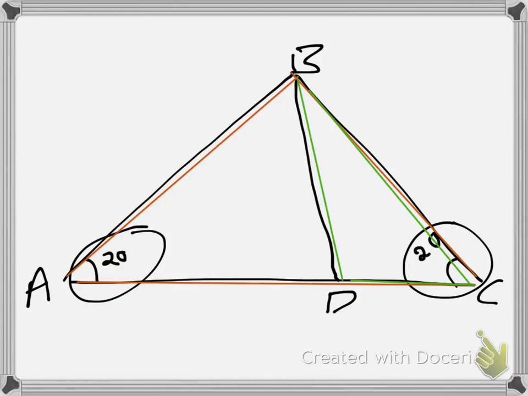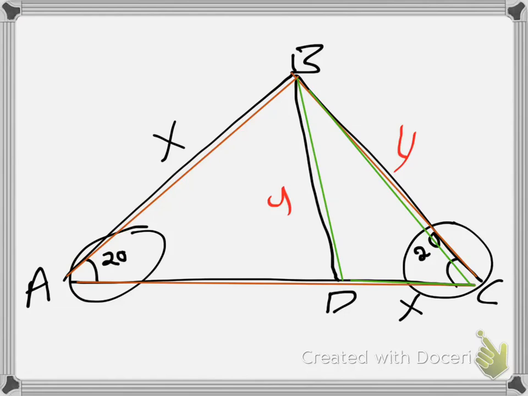So let me set that up for you. This side is the same as this side on the smaller triangle. This side is the same as this side on the triangle.